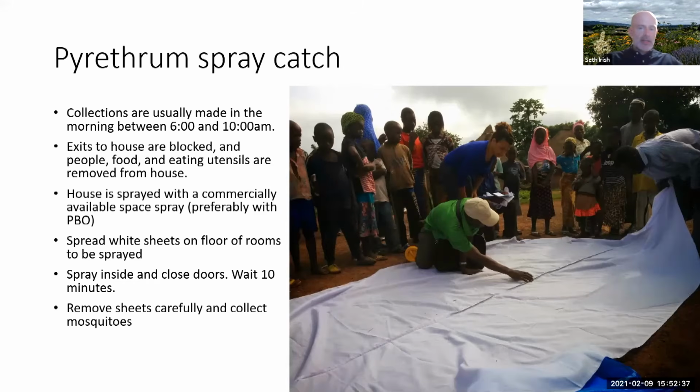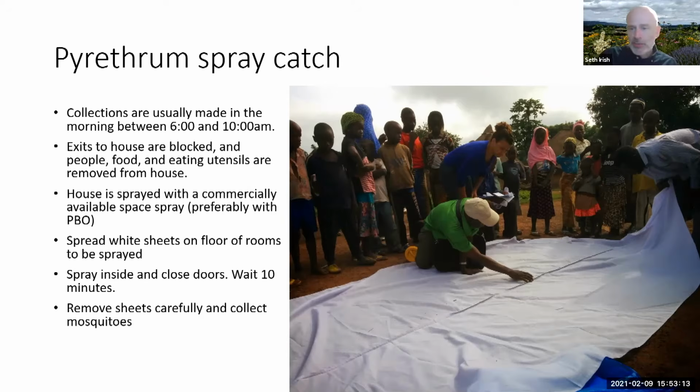You block all of the exits as much as possible so that mosquitoes cannot fly out of the house, and you remove any food or eating utensils that might be contaminated by the pyrethroid spray. Then you have somebody go in, usually with a mask, and spray the insecticide all around the inside of the house, with the idea that any mosquitoes resting inside will be touched by the insecticide and knocked down.